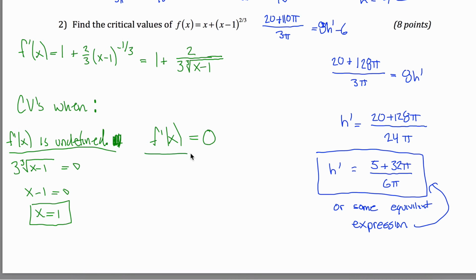Well, to figure out when f prime of x equals 0, I'll take one of these expressions, it doesn't matter which one you use, and set it equal to 0. So I have 0 equals 1 plus 2 divided by 3 times the cubed root of x minus 1. So if you subtract 1 from both sides of the equation, you get negative 1 equals 2 over 3 times the cubed root of x minus 1.